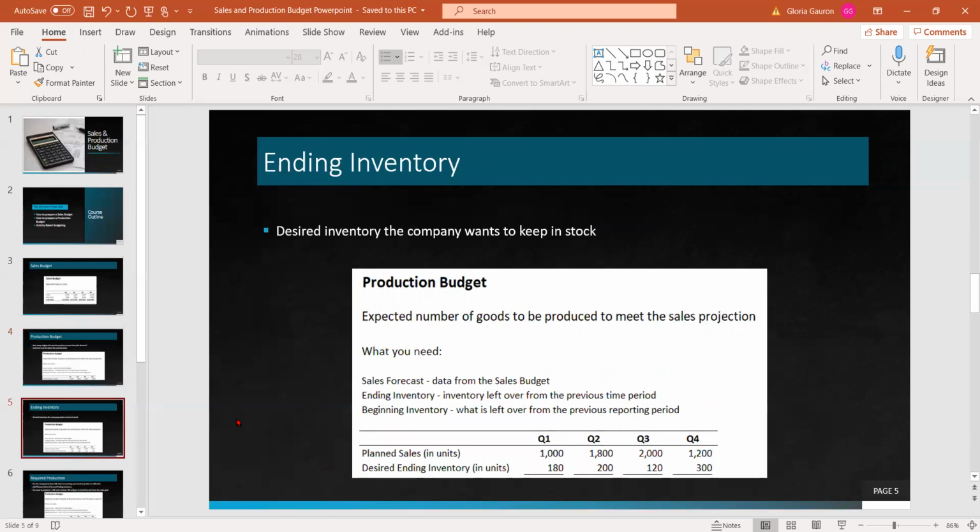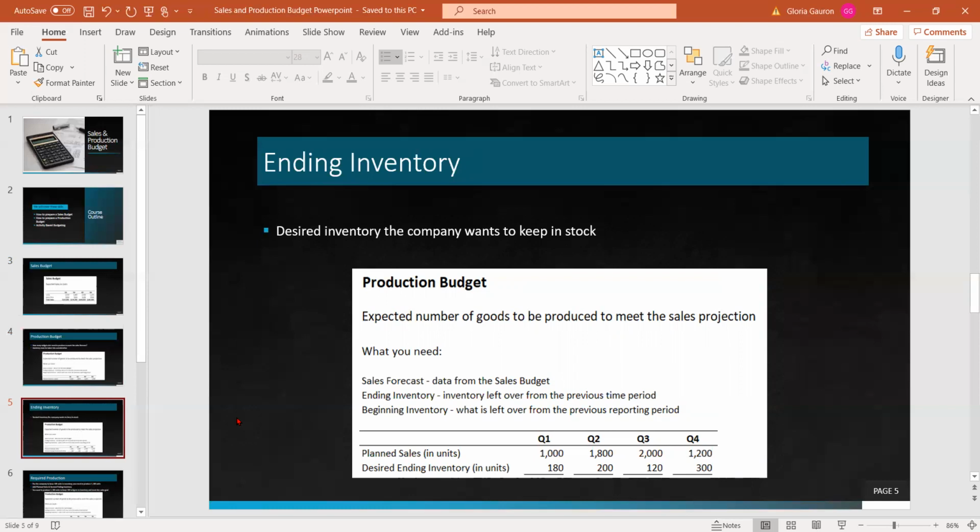The next step in the process is, what inventory in units do I want to keep in my inventory, which is the desired ending inventory. For this example, for Q1, I want to have 180 units left over in my inventory.